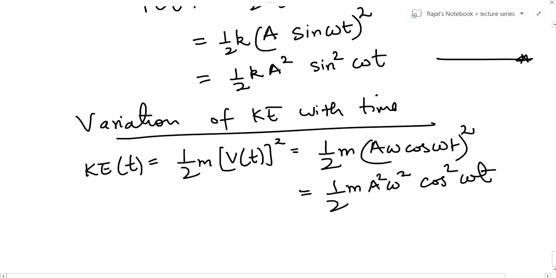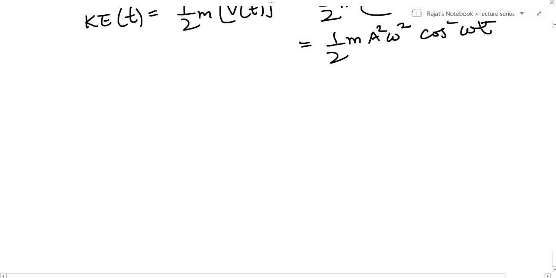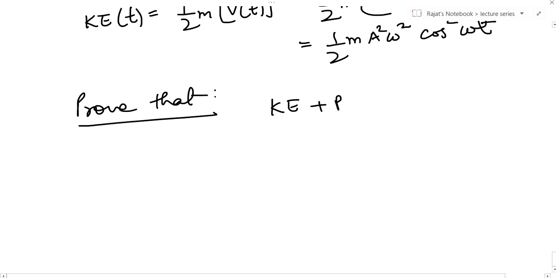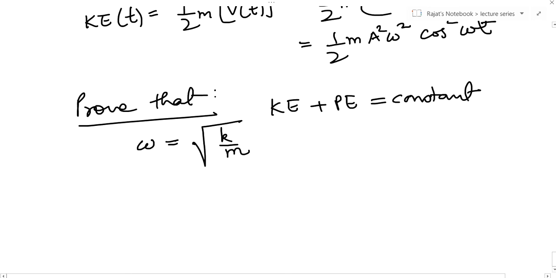Okay, so you can also find the total energy. Just take it as an exercise. Prove that kinetic energy plus potential energy is constant. Use the above two expressions, and you will also require the expression omega is equal to under root k by m.